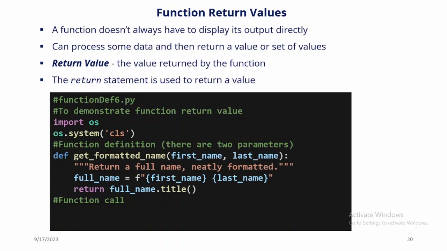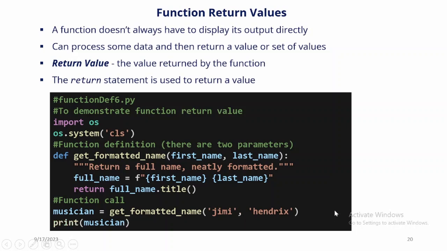Each first letter in the name is capitalized. When we call the function, we can now create a variable to get the output. Musician is the variable we created, equal to get formatted name Jimi Hendrix, and you can print musician.